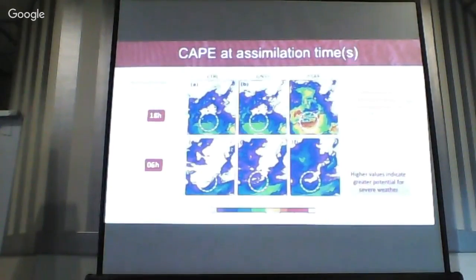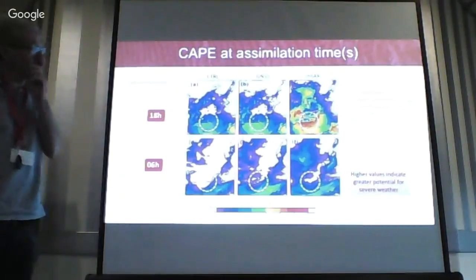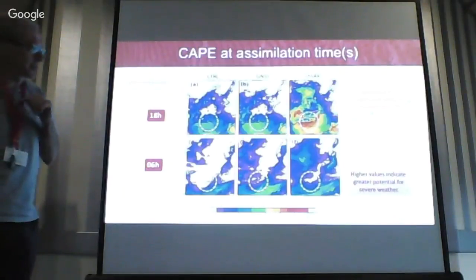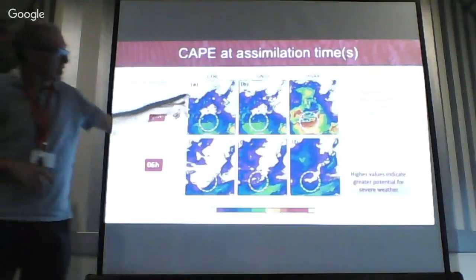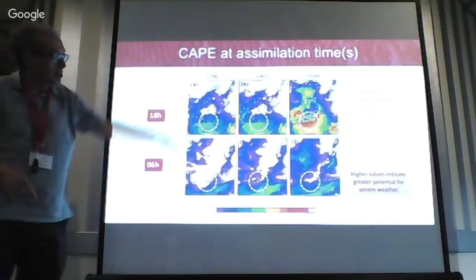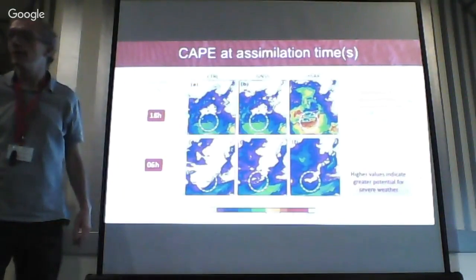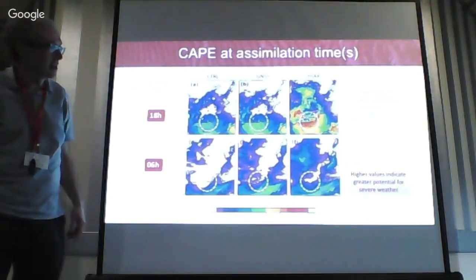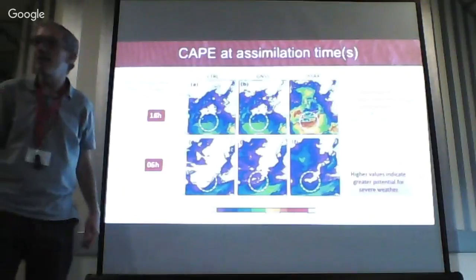This is also at the simulation time. What happens to the CAPE field? And you'll see that you have different situations. In the first event, you get really big values of CAPE. It's the kind of CAPE you could get in very deep convective systems.